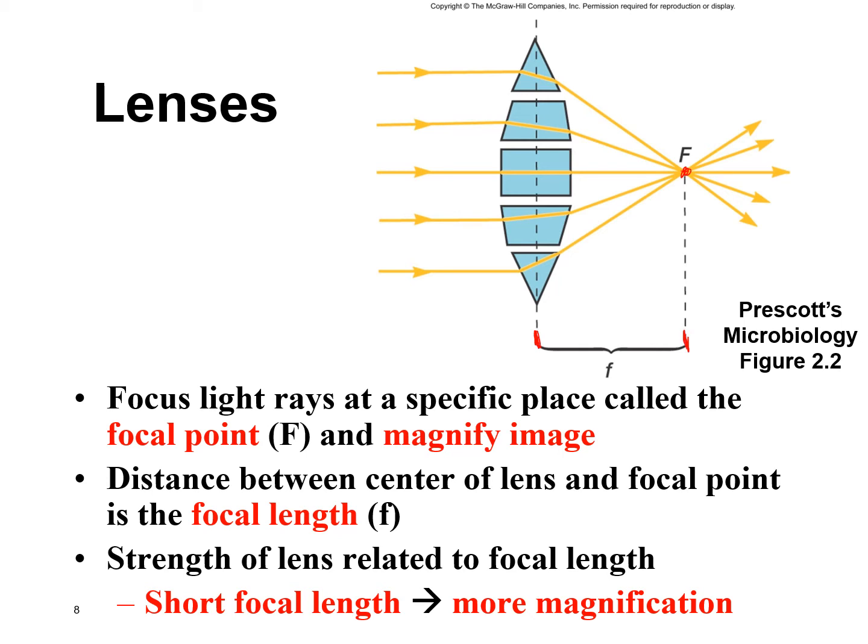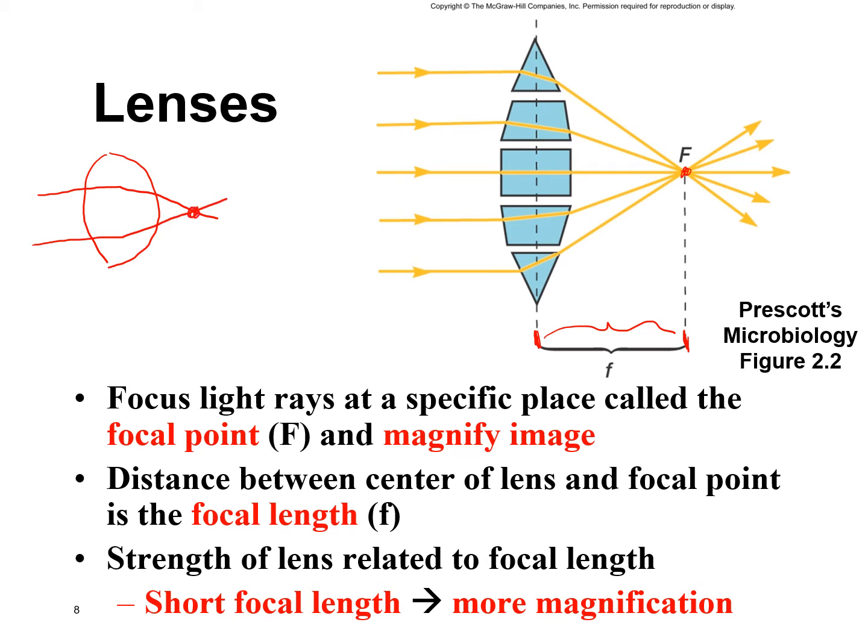Okay, so that is the focal length there. And the shorter the focal length, the higher the magnification. So the more curved the lens is, so the thicker it ends up being, the more it's going to refract or bend the light.